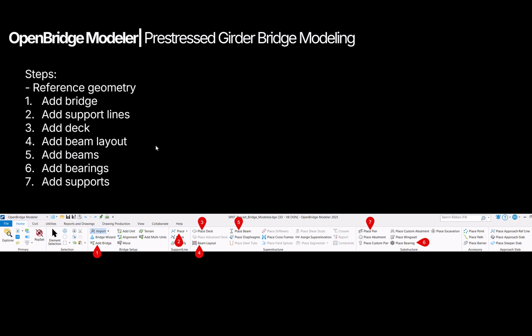When the superstructure is built, we place piers, the corresponding elements, step 7. And when the super and sub are built, we make room for the bearings that are going to be in between them. Later, we can also place barriers, accessories for the bridge, approach slabs too. But these are the typical steps to do all of that.